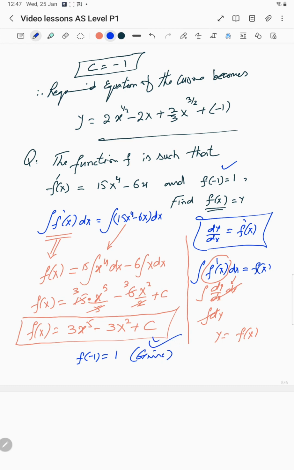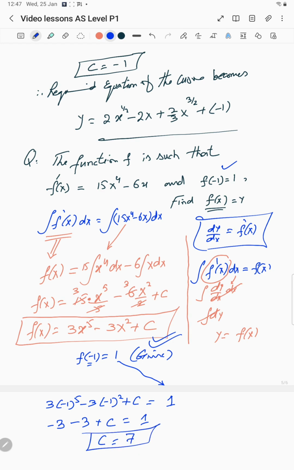So here replace x with minus 1 and equate the result to 1. We'll get 3 times minus 1 power 5 minus 3 times minus 1 square plus c equal to 1. After simplifying, we get minus 6 plus c equals 1, and simplification gives me c is 7.